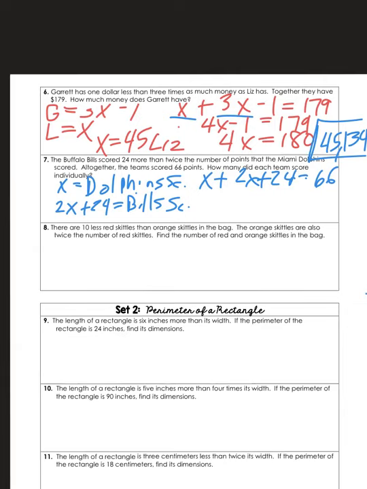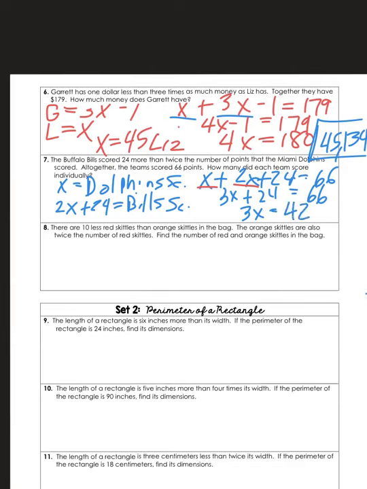Okay, so let's combine like terms. x plus 2x is 3x plus 24 equals 66. Subtract 24 from both sides, and we get 3x equals 42.